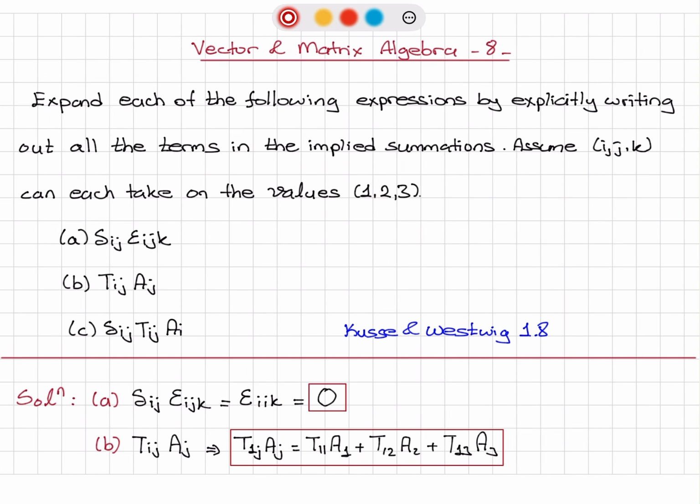So delta ij epsilon ijk, that's epsilon iik, and when two indices are the same, that is going to be equal to 0.